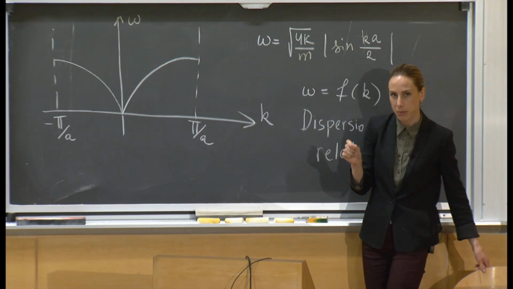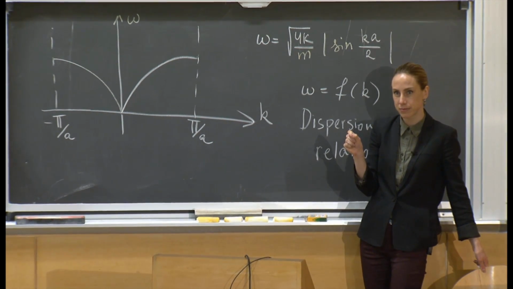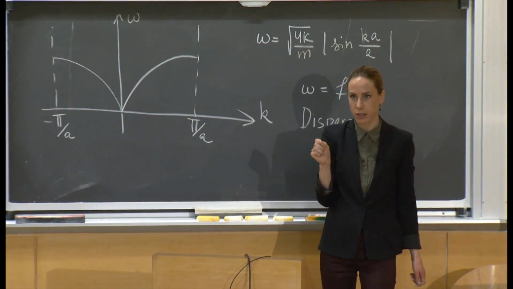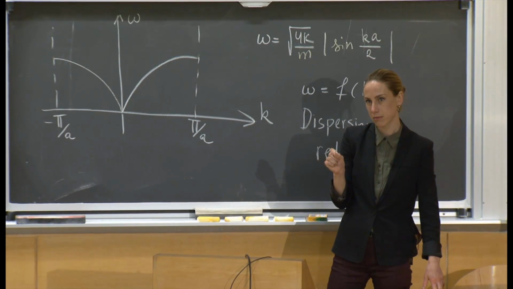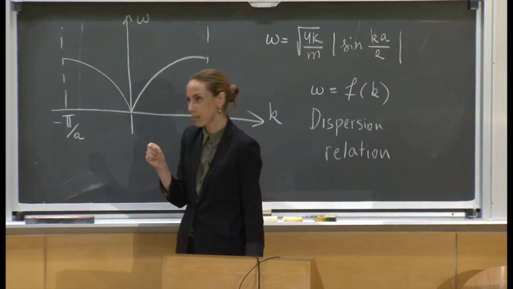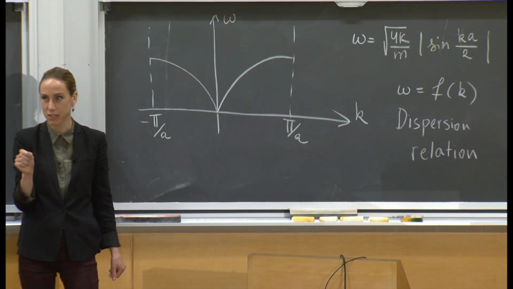Does anybody remember encountering this type of relationship in your electromagnetics class? Does anybody remember what that is for a different kind of wave? Electromagnetic wave, light. Does anybody remember what it is for light? What is this relationship between k vector for light and the frequency of light?